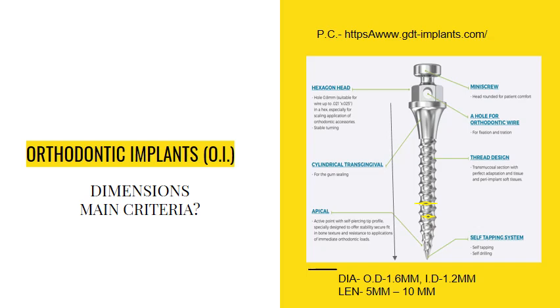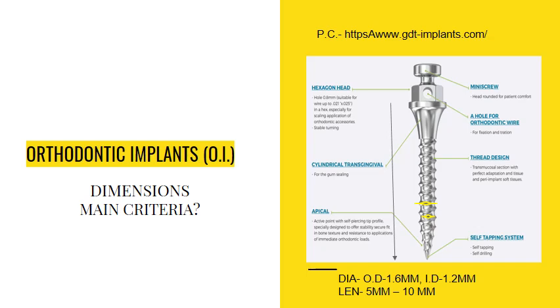As far as the cylindrical transgingival shank, or transmucosal neck, is concerned, as it says, it is for the gum sealing. The length of this part of the T.A.D, that is the shank of the T.A.D, will vary from implant to implant.